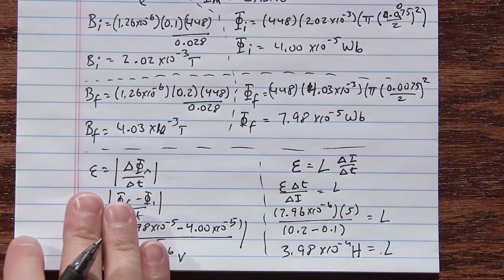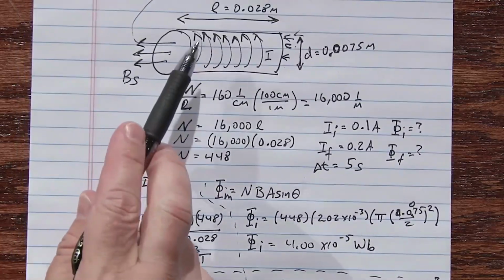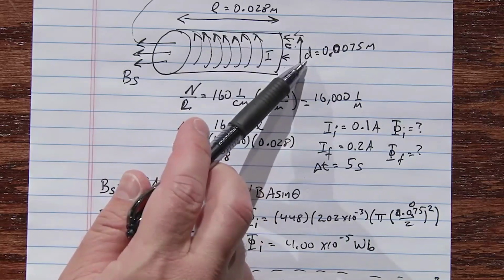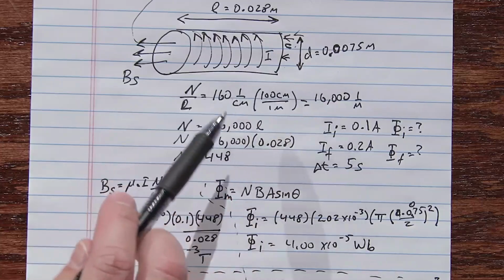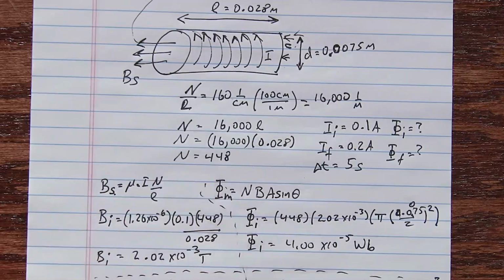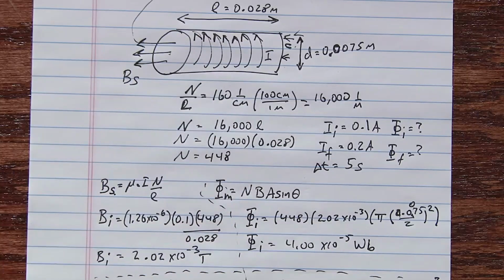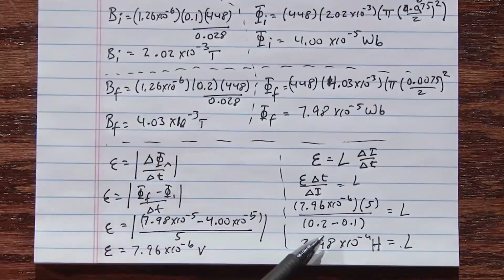What is the self-inductance of this solenoid? The self-inductance of a solenoid with this diameter, this length, and this many wraps of wire. So that's what the self-inductance depends on: the length, the diameter, and the number of wraps of wire. The self-inductance of that solenoid is 3.98 times 10 to the minus 4 henries.